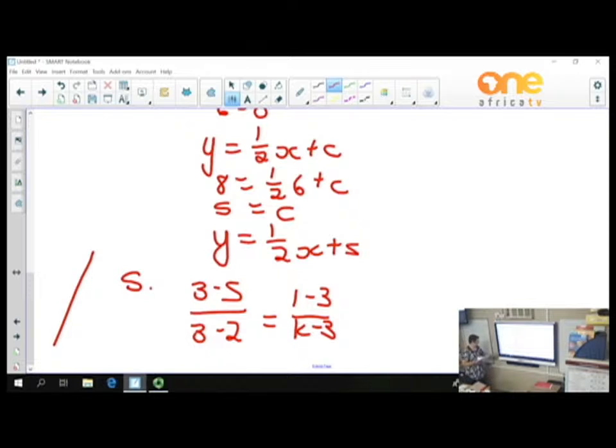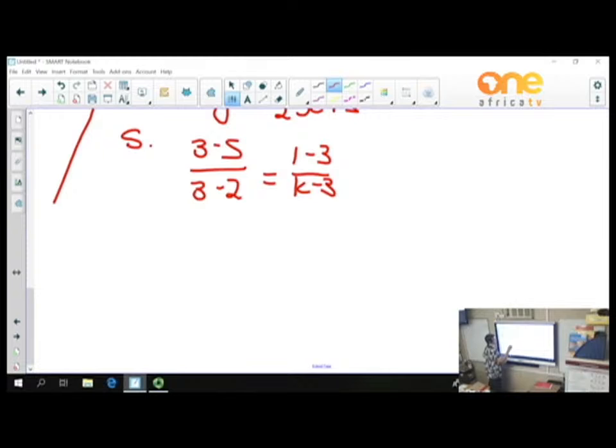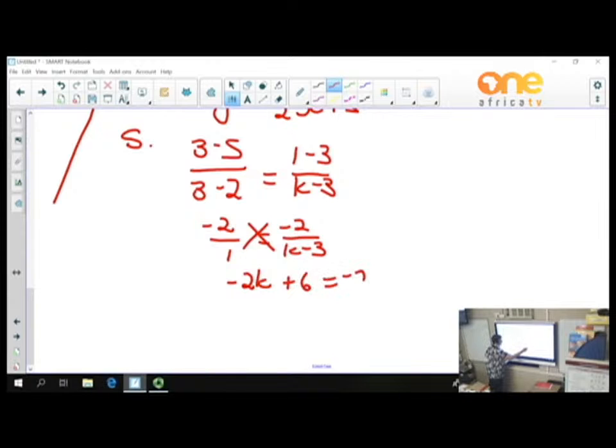Okay? So what did you get? What is k? -2 over 1 is equal to -2 over k minus 3. I'm going to do cross multiplication. So -2k plus 6 is equal to -2.